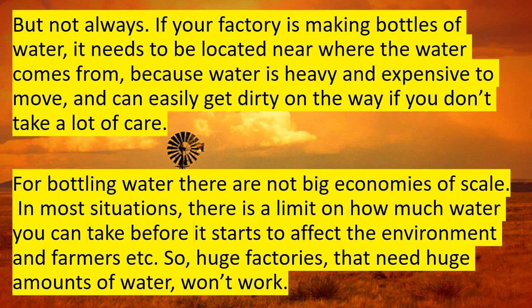For bottling water, there are not big economies of scale. In most situations, there is a limit on how much water you can take before it starts to affect the environment and farmers and so on. So huge factories that need huge amounts of water won't work.